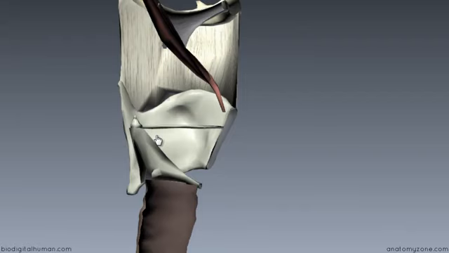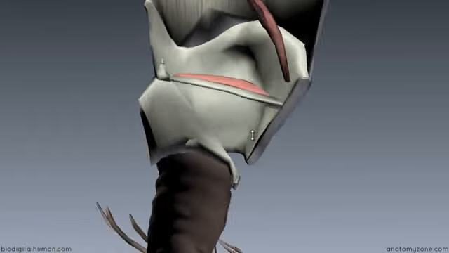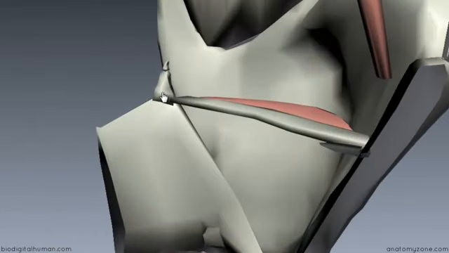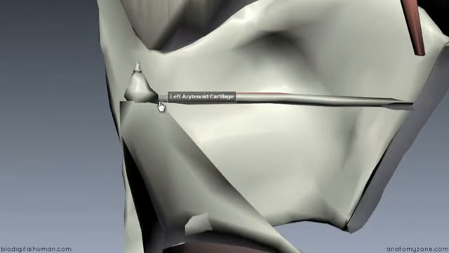So if we just zoom in to this model, you can see the arytenoid cartilage here, and the bit sticking out is called the vocal process, and attaching to it is this ligament. So the membrane's not shown here, but the thickened upper margin is. So this is the vocal ligament.